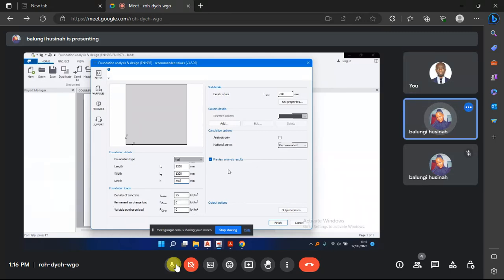Okay, then permanent surcharge loads, variable surcharge loads. What are these? Where are they?